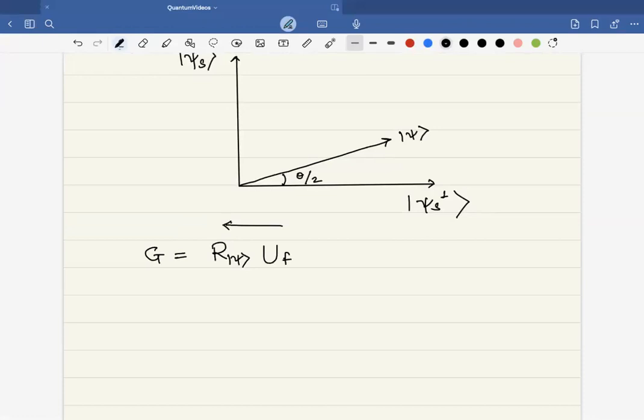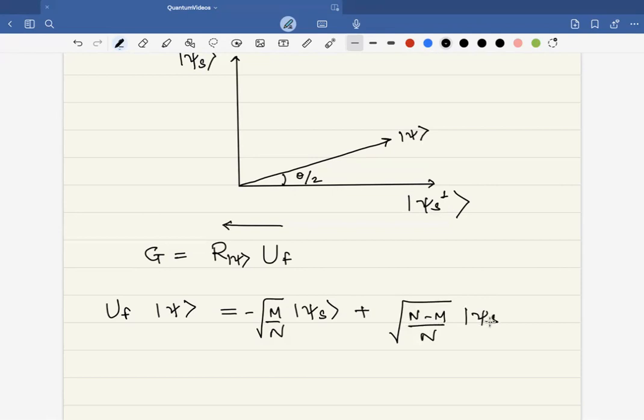So U of f marks the marked element. So what does it do? If I have psi and you apply U of f, it will go to minus square root of m over n psi s plus square root of n minus m over n psi s perp.